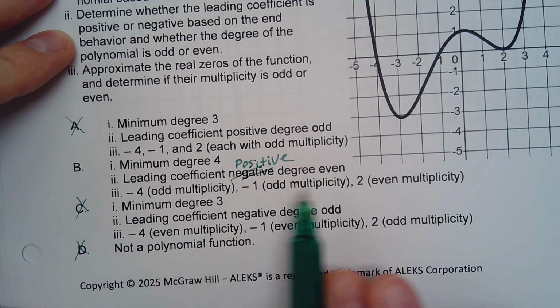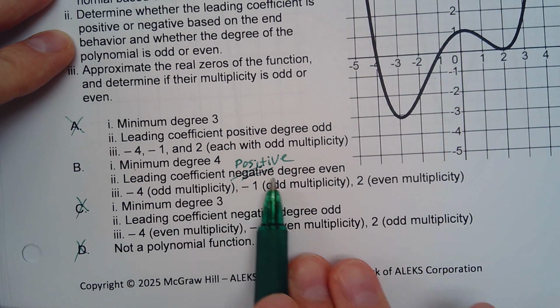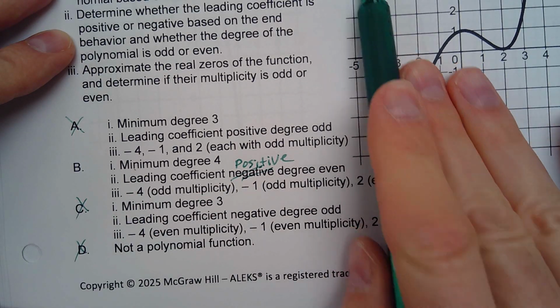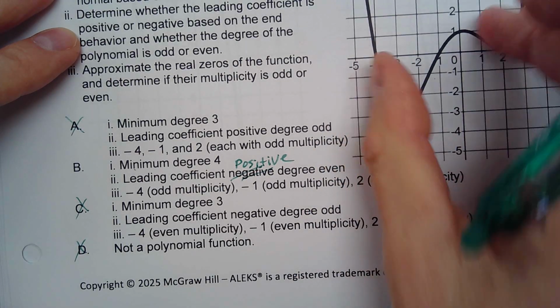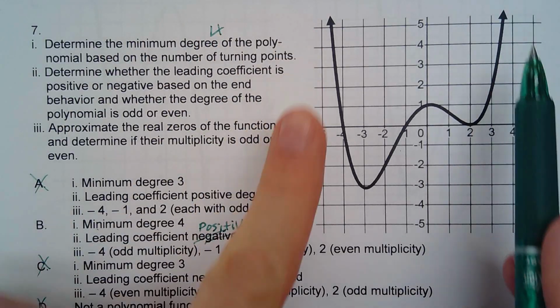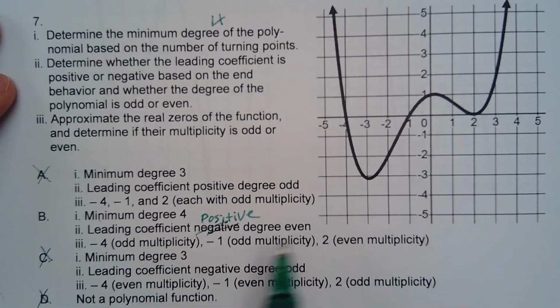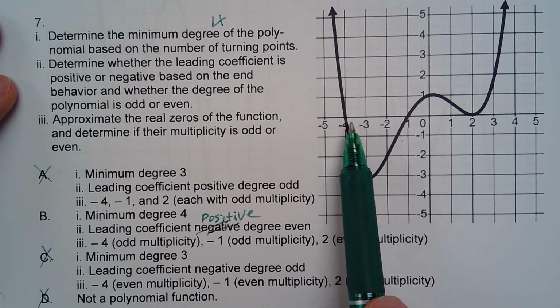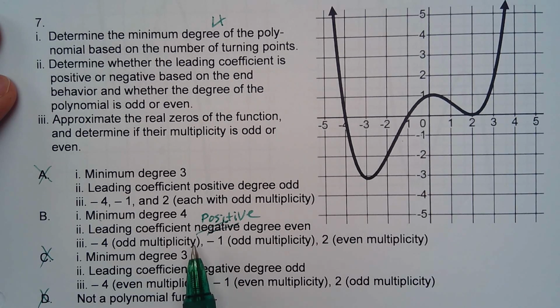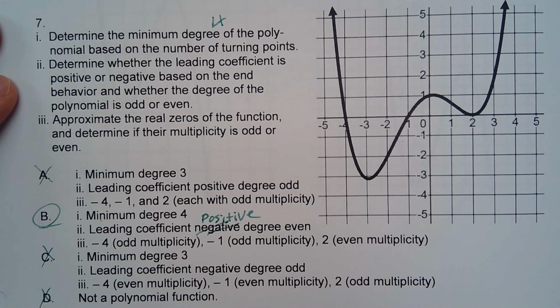So again, hopefully by the time you get the workbook, this will have already been corrected. So my leading term here is positive because this faces up. Degree is even because my parabola goes in the same direction. So odd multiplicity, even multiplicity. So that matches. So answer should be B with the corrections.